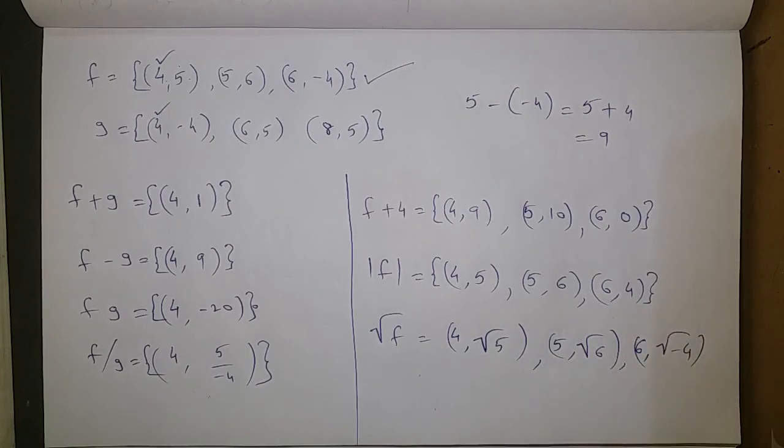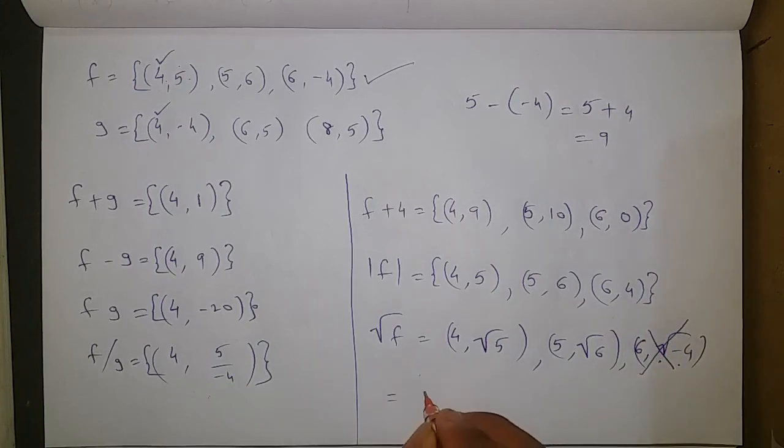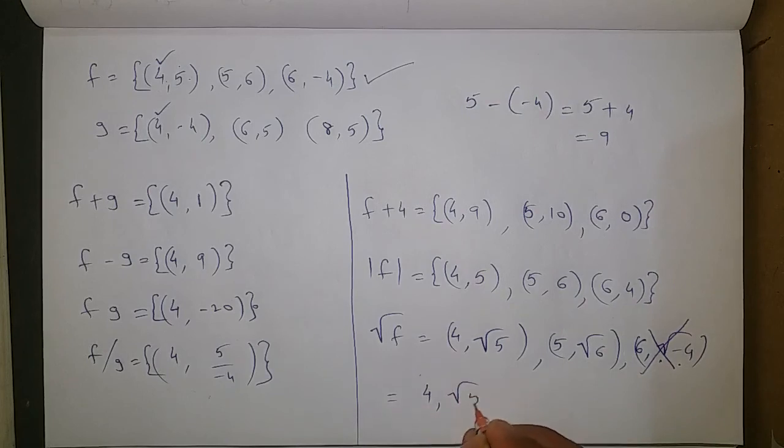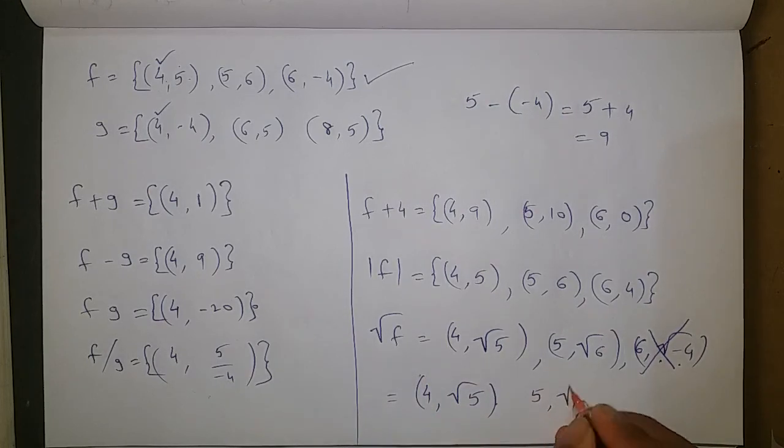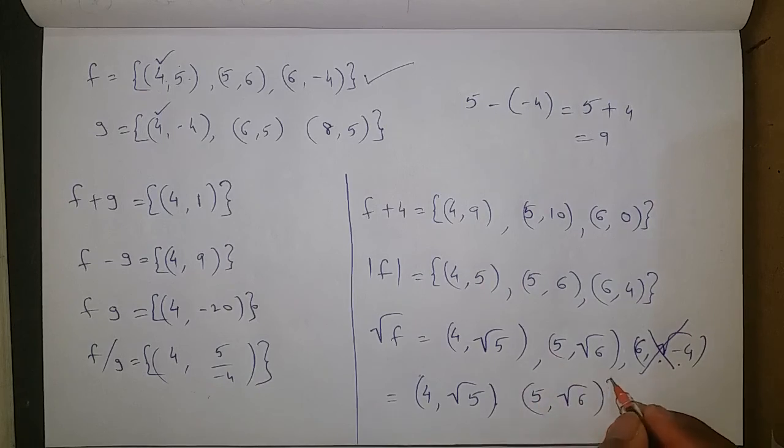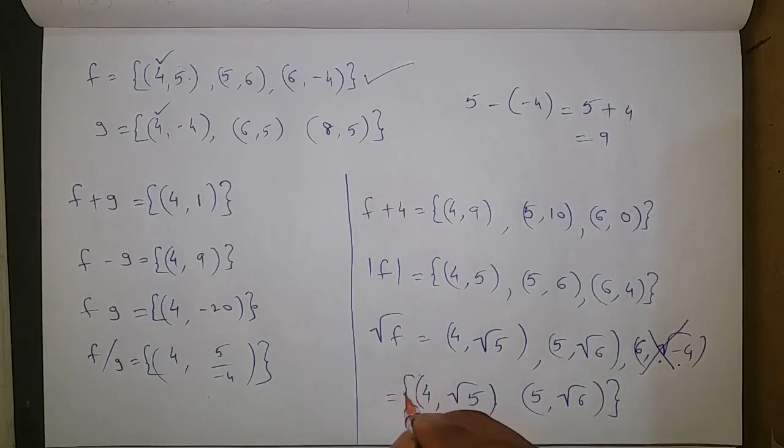But under square root we don't have negative, so negative number won't be there under the square root. It means we need to remove this. So this root f consists of 4 comma root 5, one ordered pair, and 5 comma root 6, one more ordered pair.